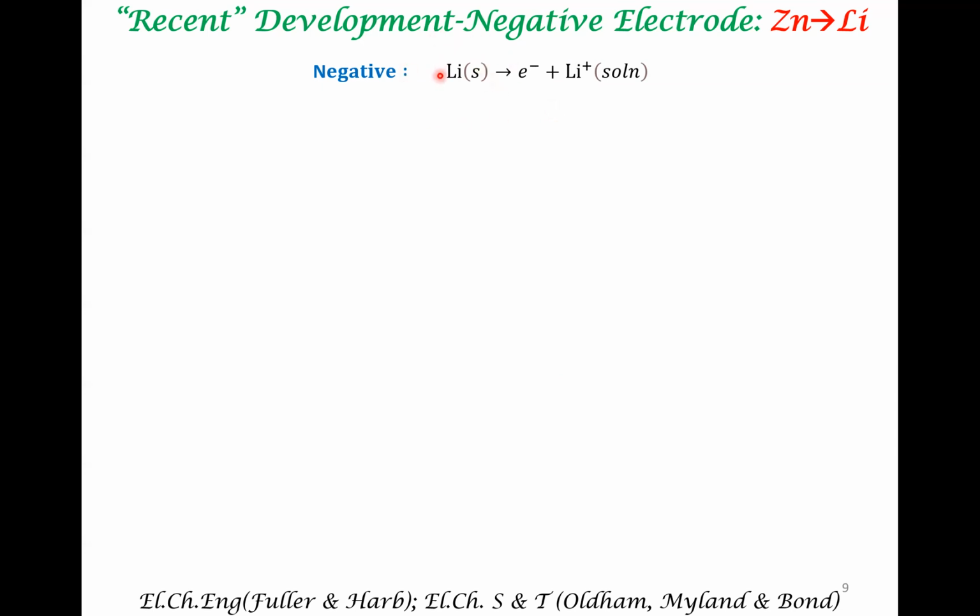First, lithium is a light metal compared to zinc or lead and so on. So these kinds of lithium-based batteries are very useful for transportation application. For example, in case of electric vehicles, also for any mobile application like mobile phone or your laptop battery.